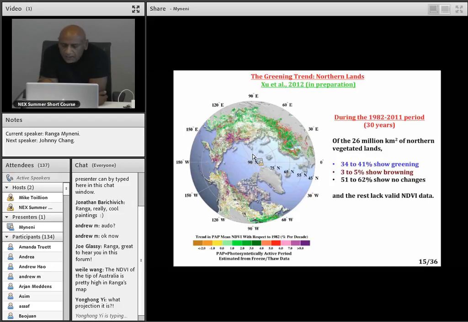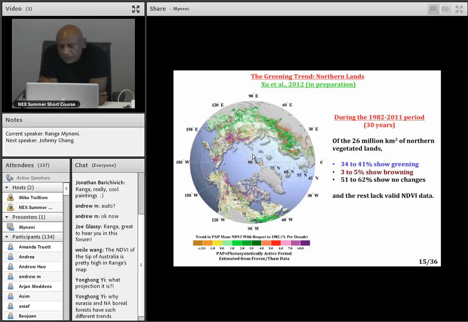And the inference here is that about 34 to 41% of the northern vegetation, the boreal and the Arctic regions, are showing greening, and about 3 to 5% are showing browning, and 51 to 62% are showing no changes, and about 4% lack valid NDVI data.